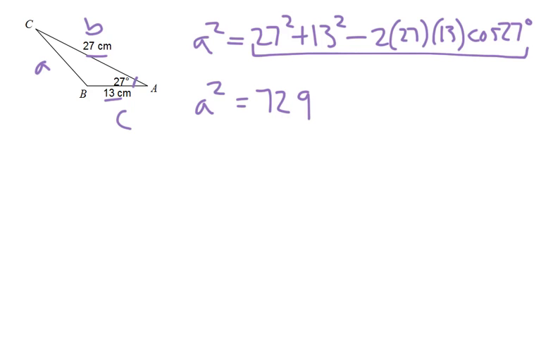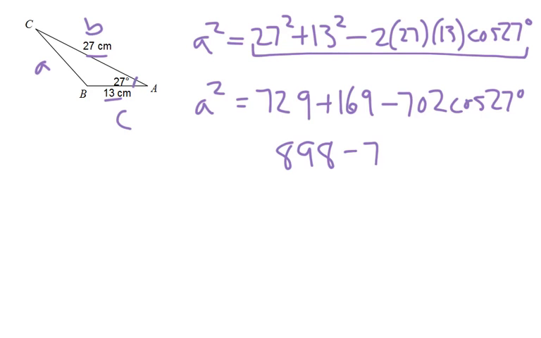So 27 squared is 729. 13 squared is 169, minus 2 times 27 times 13 is 702 cosine of 27 degrees. So 729 plus 169 is 898. Now don't get in the habit of then taking 898, subtracting 702, and then multiplying.